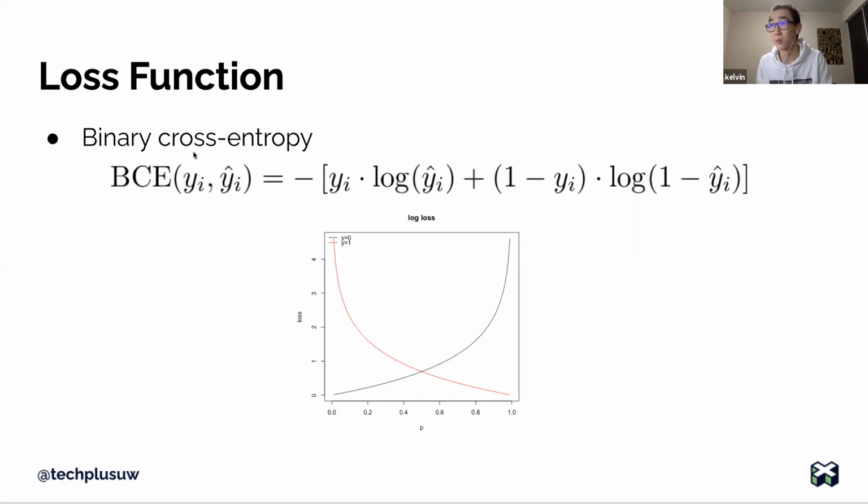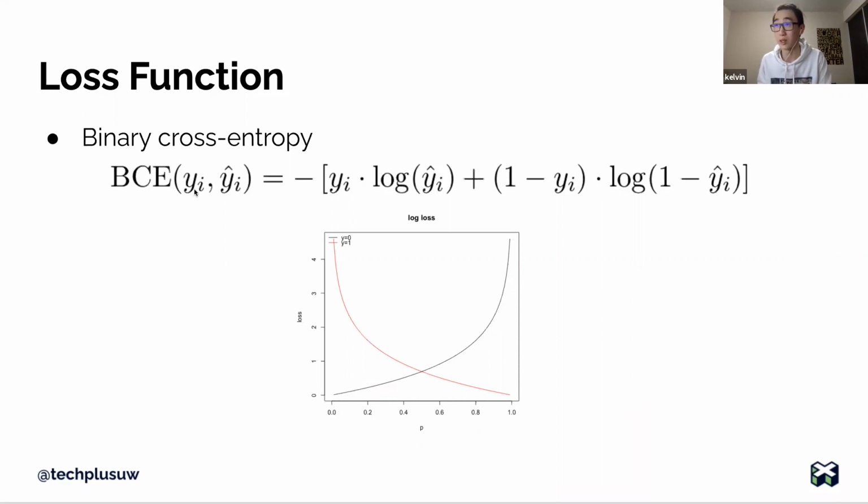Since we're doing binary cross entropy, this first y_i value is usually a 0 or a 1, being either a fake image or a real image. If you break it down, let's say y_i is equal to 0, then this first term disappears because there's a 0 here. So we're only left with the second term, and that corresponds to this black curve on the graph.